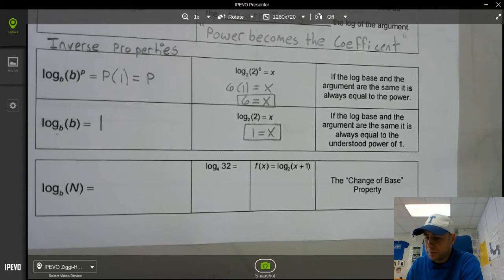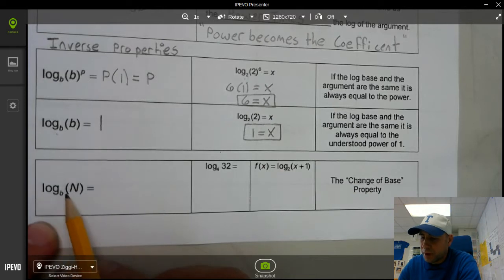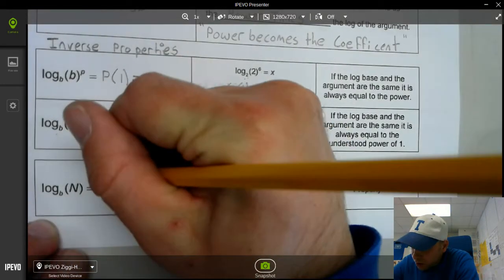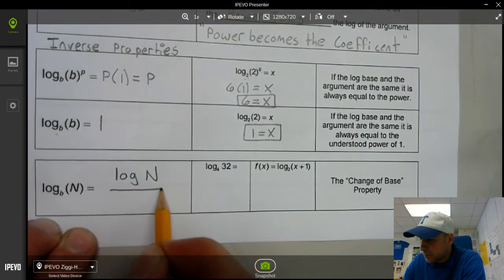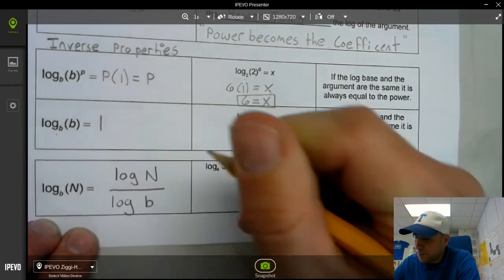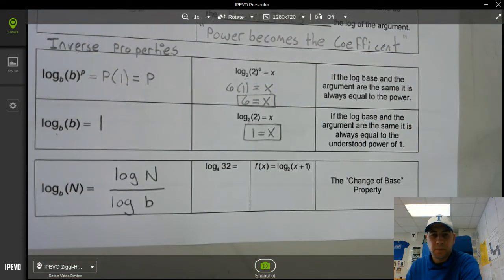All right. And the next one is the change of base property. So when you have log base b of n, this is log of n divided by log of b. Okay.